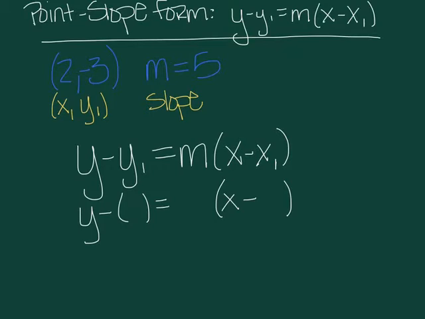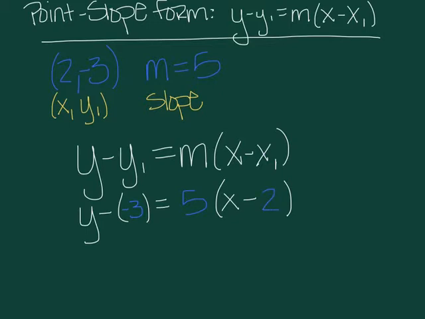So let's start with our y1 piece of information, which is a -3. Then we'll move on to our slope, which is 5. And our x1 value, which is a +2.